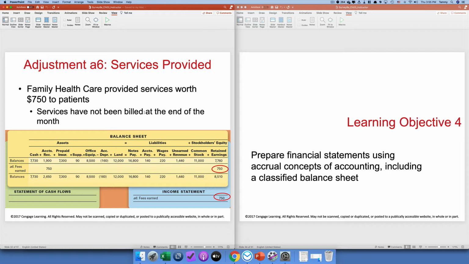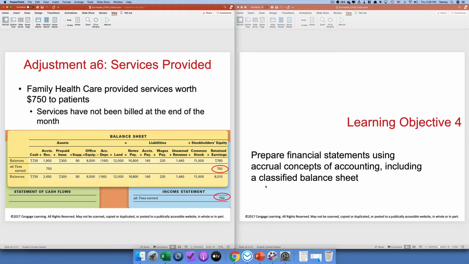So what we want to do right now, we've recorded all these transactions, and we have ending balances in all of these accounts, right? We've got assets and liabilities, and then we've got this equity account, retained earnings. What we need to do is take this and turn it into financial statements.